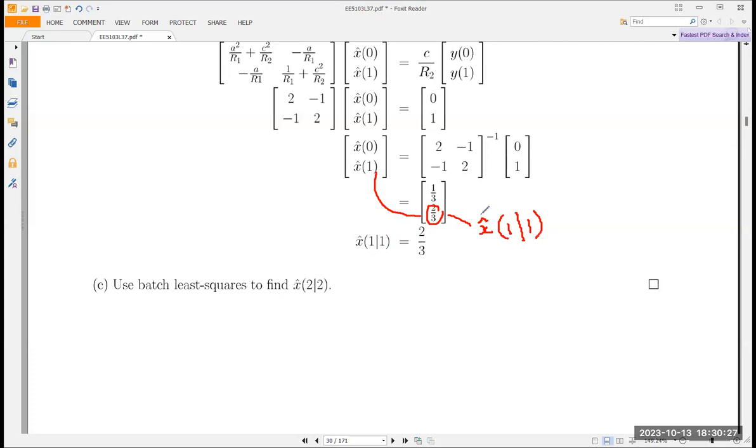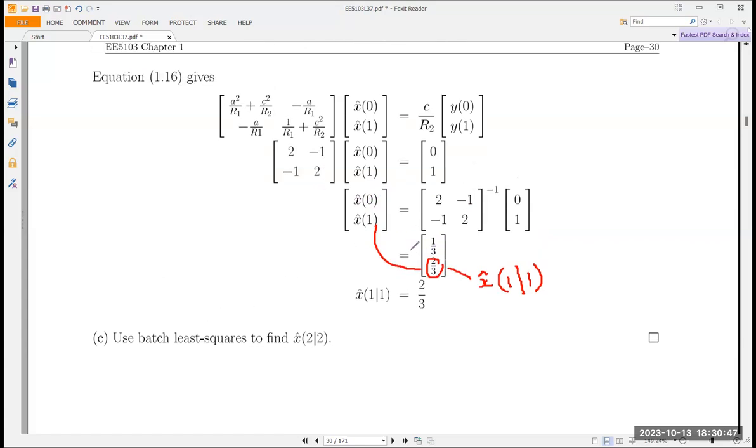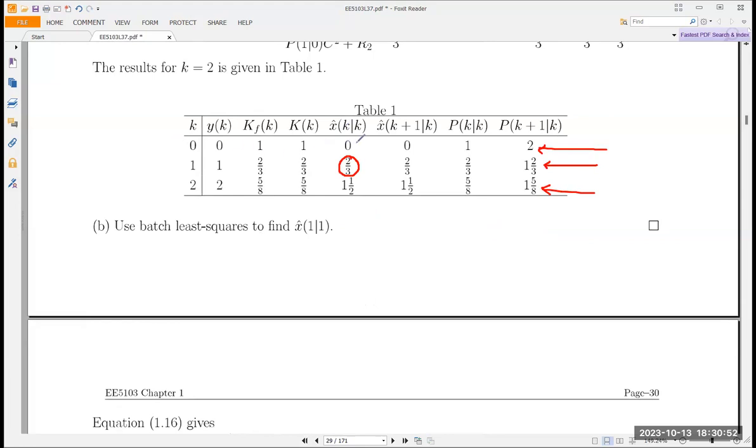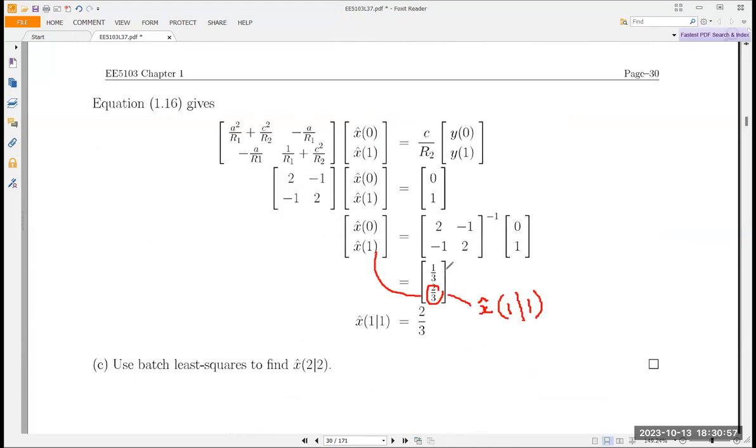Okay, so this was least square. When we did that, that was fine. Everything is fine. Then now, the least square gives x0 as 1/3. We managed to match this as 2/3. When k equals 0, the Kalman filter gives 0. Least square gives 1/3.